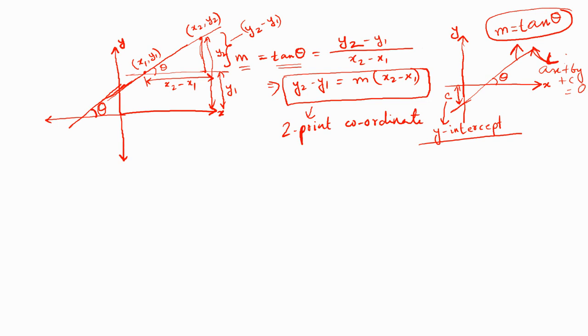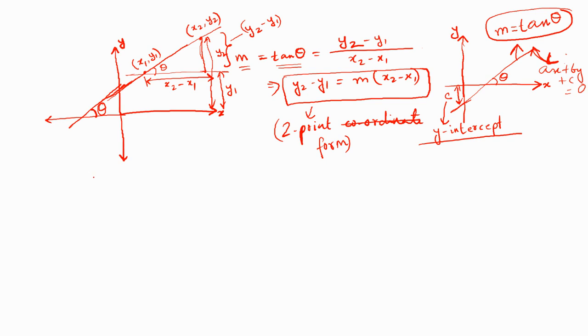Okay, sorry, no, it's not called 2 point coordinate, it's called 2 point form. So I mean it's the same thing, I just wanted to see the exact name. Okay, so 2 point form. So this type of equation, when we have two coordinates of a straight line and we need to find out what is the straight line equation, we call this 2 point form.